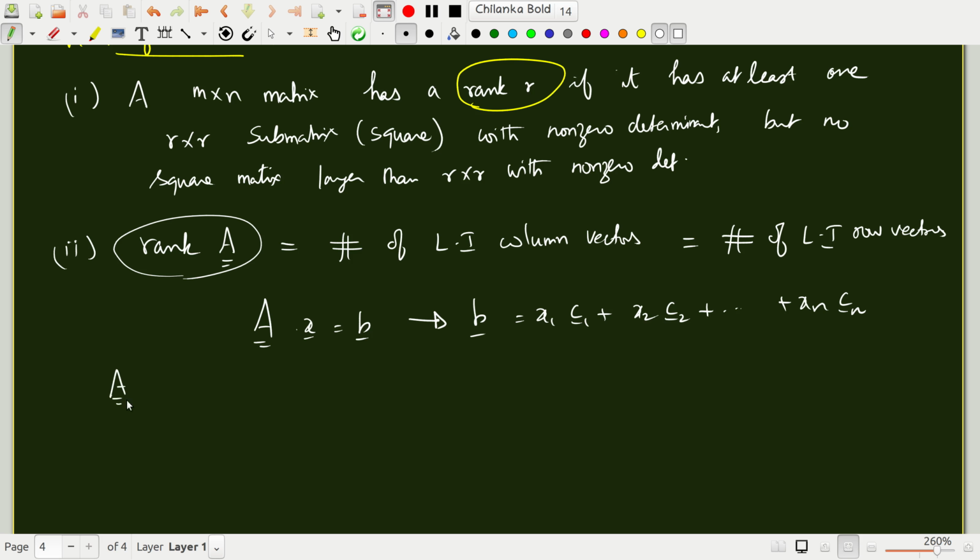So based on this rank idea, you can generalize the existence of solutions to the system. You can stipulate the conditions under which this system has a solution based on the following rank criteria. A is called the matrix of coefficients, the coefficients being a11, a21, a12 and so on, and b is the vector on the right side.